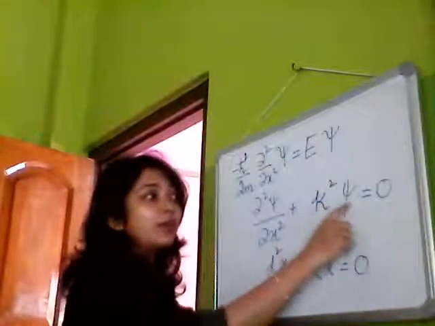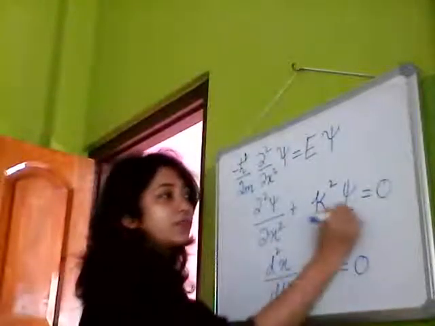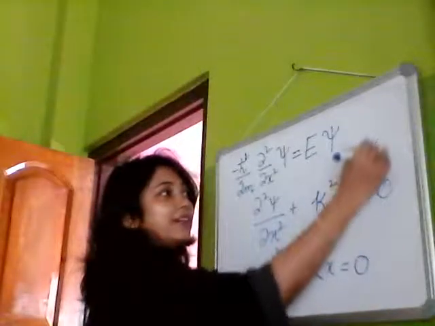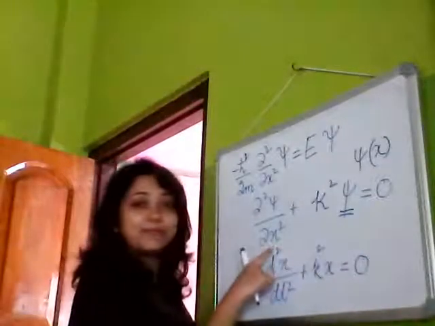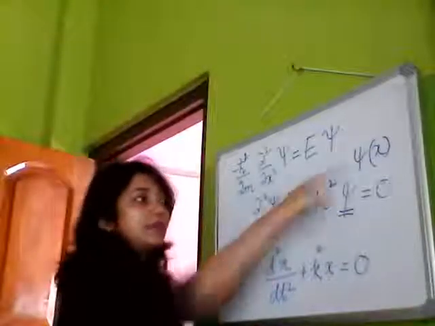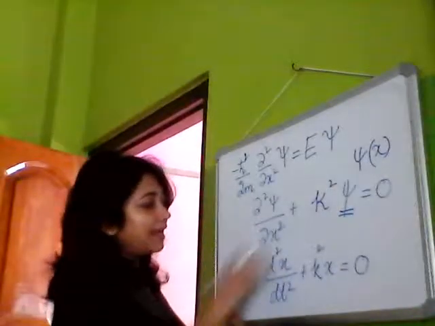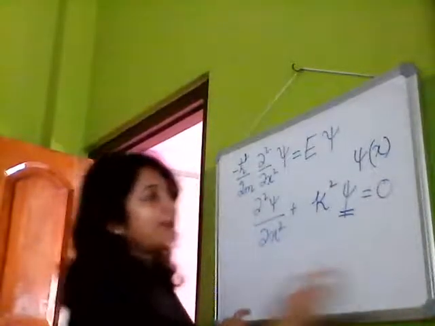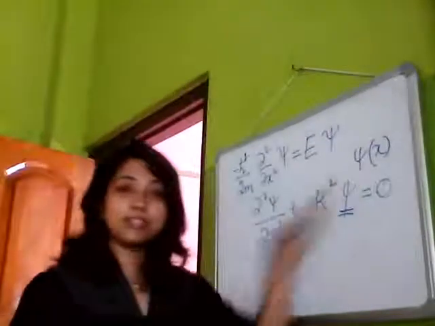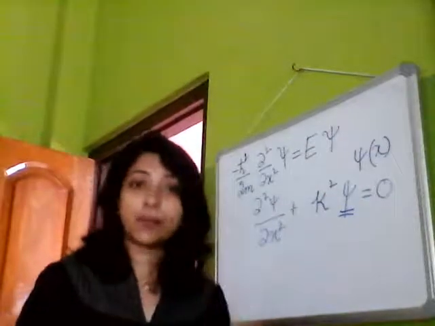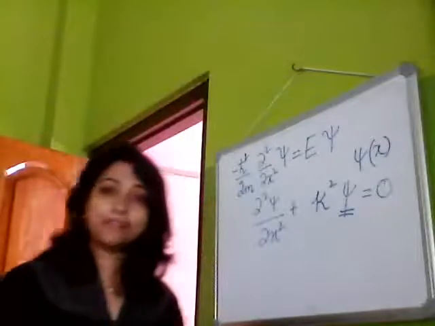So we are going to get the wave function as a function of x. See, we are now at the point of solving for the space part, the position part only.